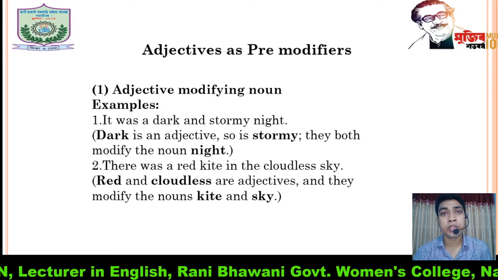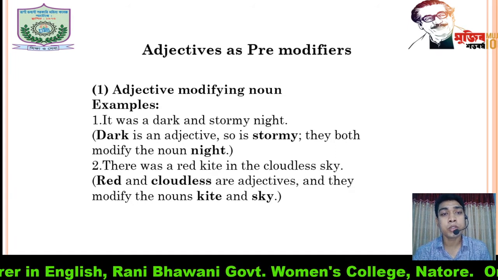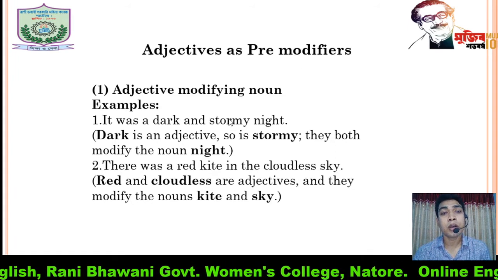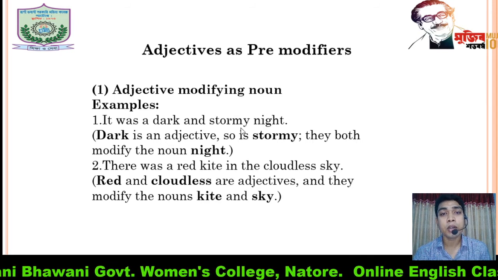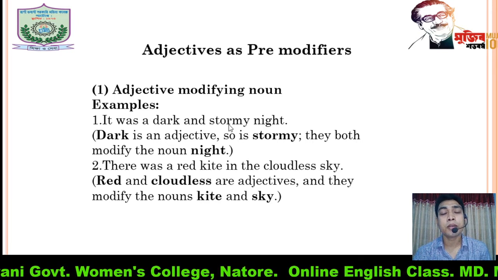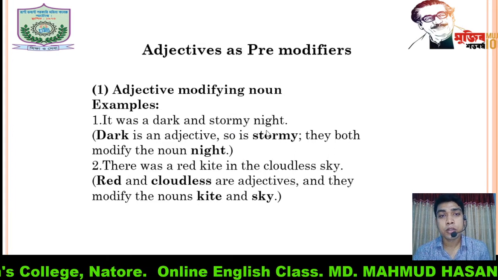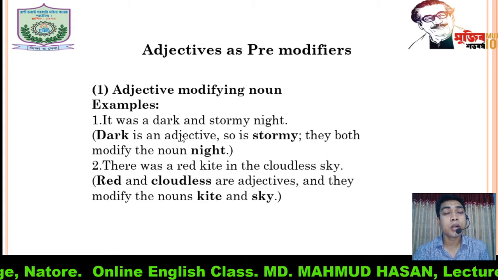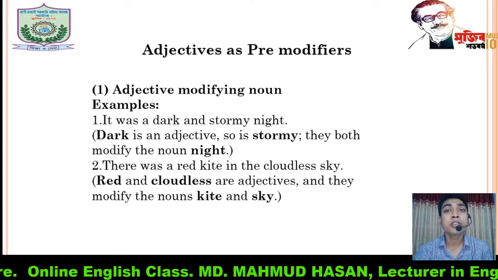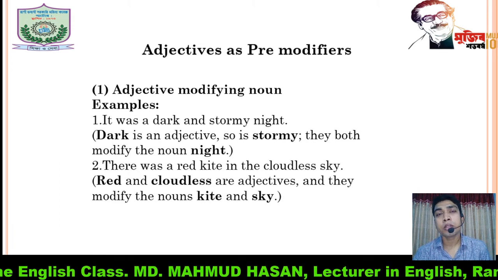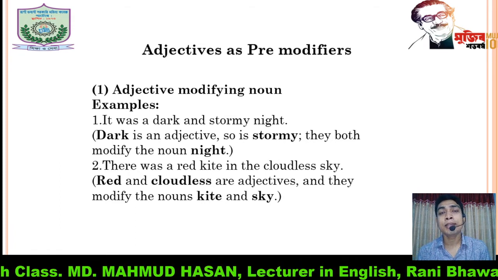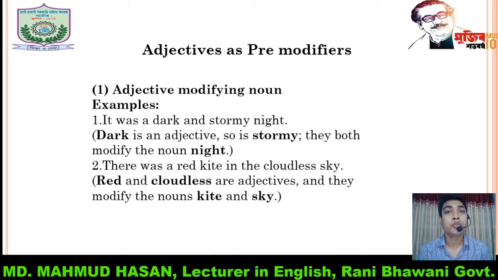It's a complete sentence too. But whenever we say it was a dark and stormy night, this dark and stormy adds some more information. So modifiers are not the integral part of a sentence, rather they add more information.